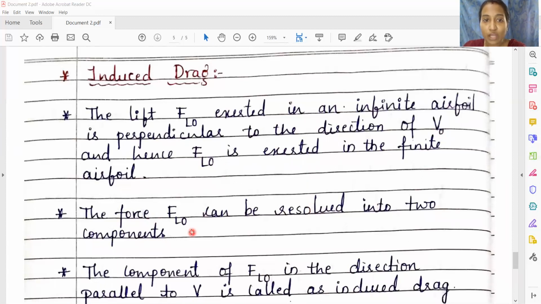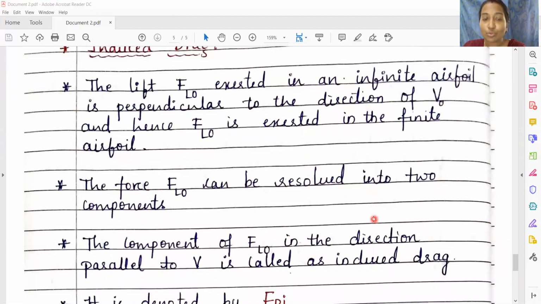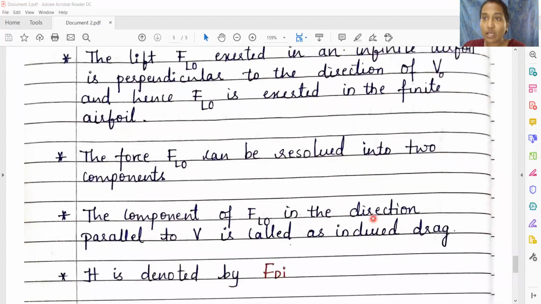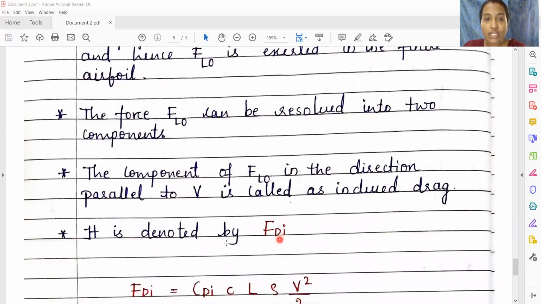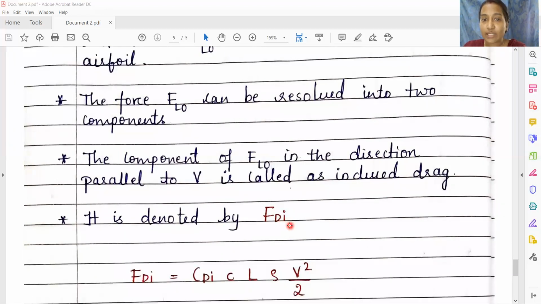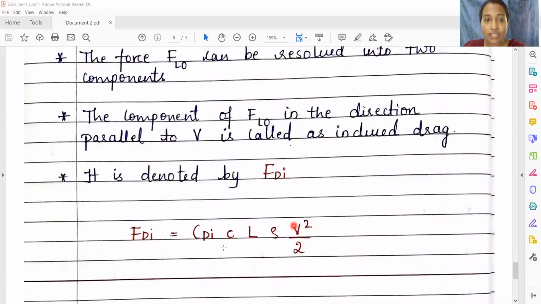The force F_LO can be resolved into two components in X and Y. Then the component of F_LO in the direction parallel to V is called induced drag. It is denoted by F_DI, and this is the formula for F_DI. Clear?